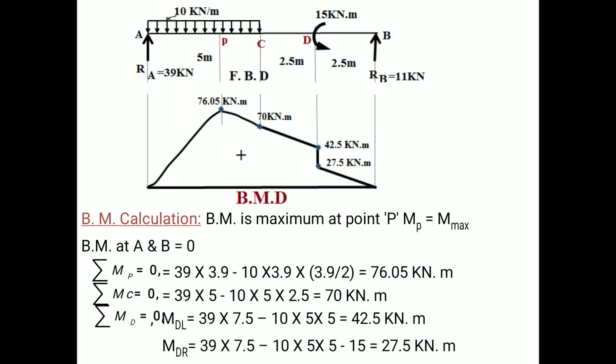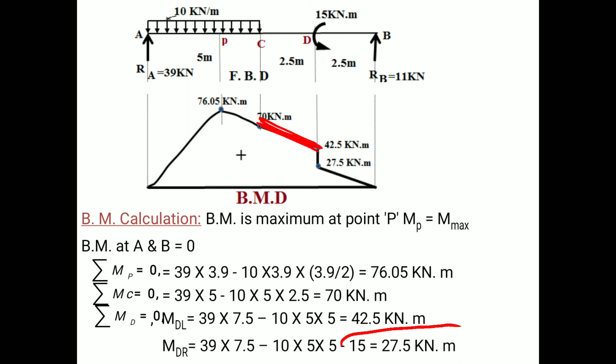Now at point D we have two values, to the left and to the right. To the left it is 42.5 kilonewton meter, therefore from C to D we have 42.5 kilonewton meter.